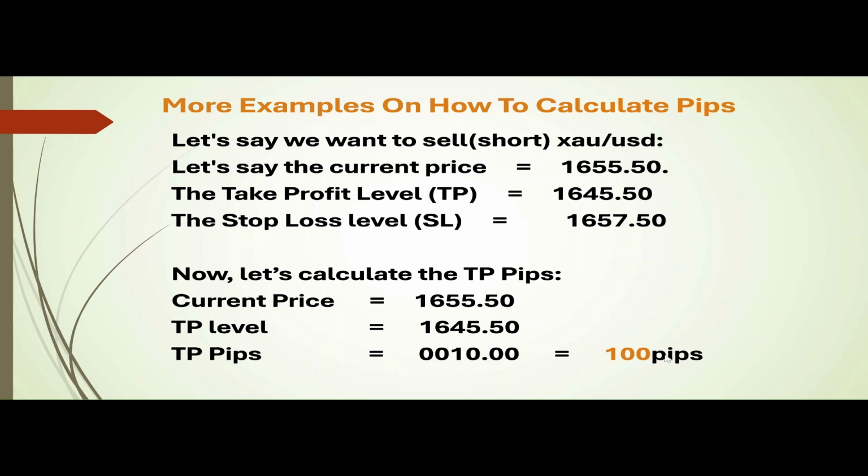Which means we have 10.00, which is equal to 100 pips. So we are risking 20 pips to get 100 pips.